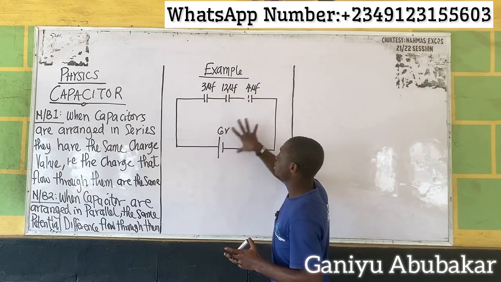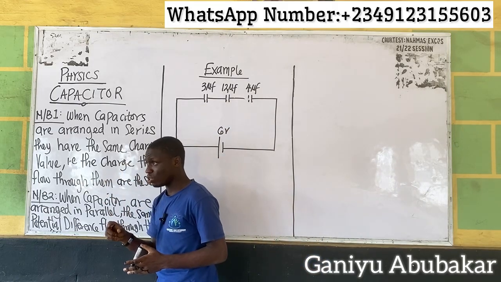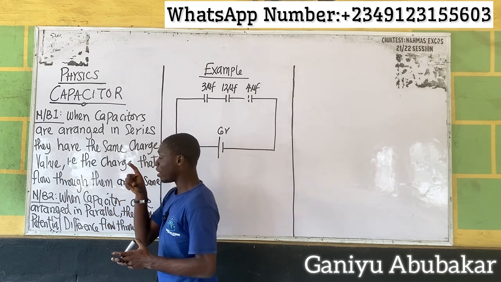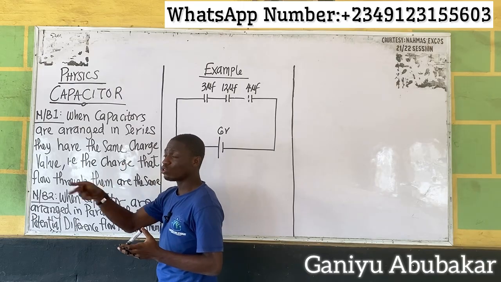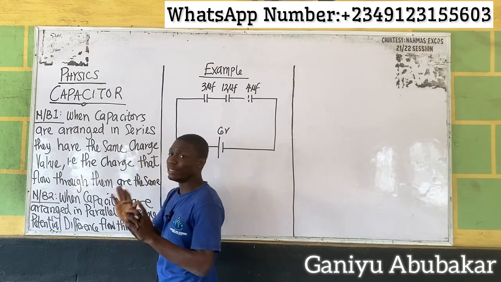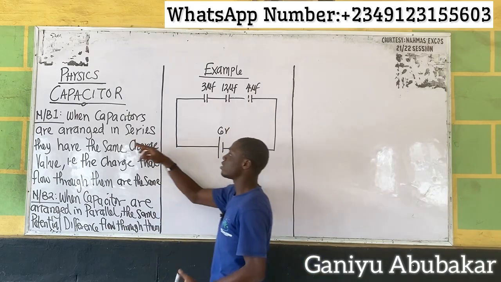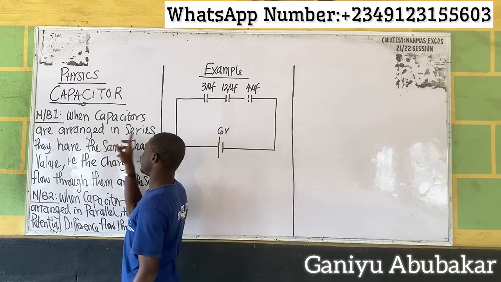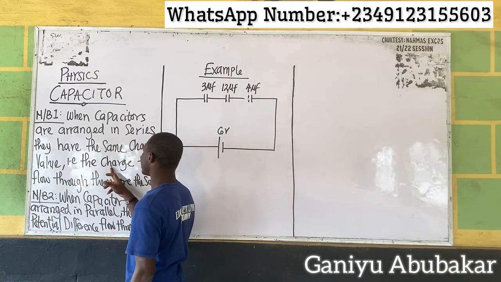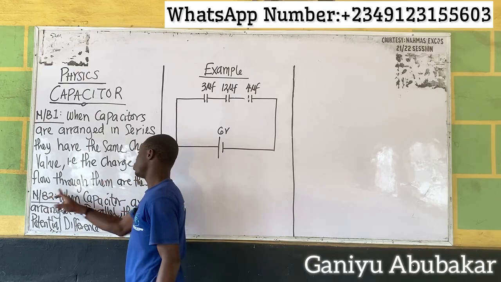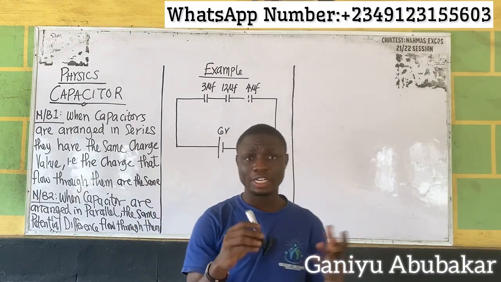So for this series arrangement, it means that the charge, that is Q, let's say Q is 4, then Q1, Q2, Q3 in this circuit will be the same. Why? Because this circuit is a series arrangement. So when capacitors are arranged in series, they have the same charge Q flowing through them. That's your first thing to note.